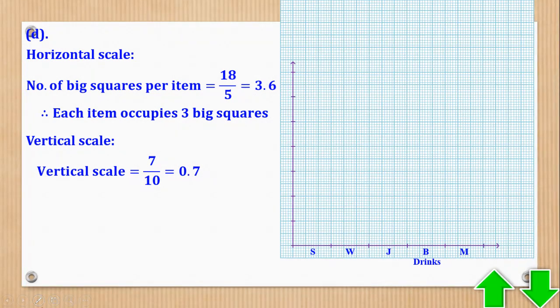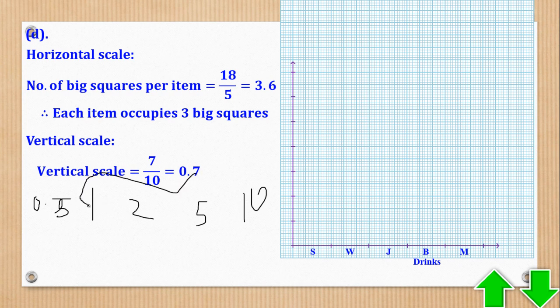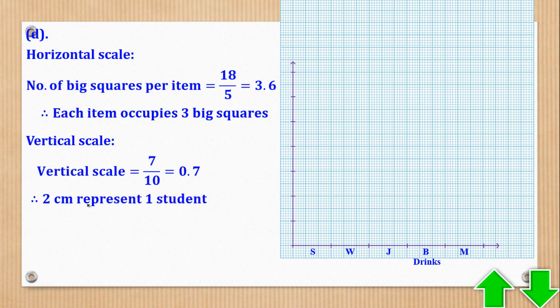Here we use multiples of 1, 2, 5, 10. Because it is 0 point, we shall put 0.5 maybe, so 0.5 is between this, so we shall use a scale of 1. Therefore 2 centimeters represent 1 student. Then we put the scale and a title for the bar graph.